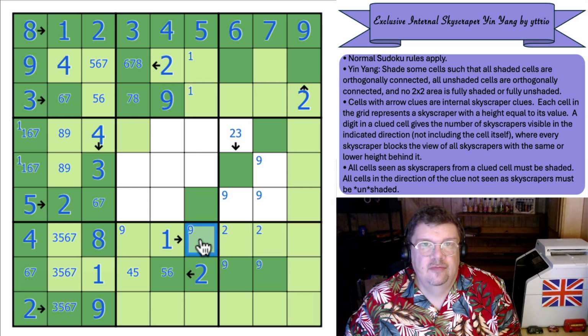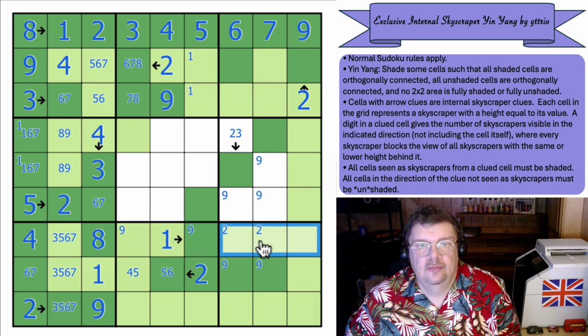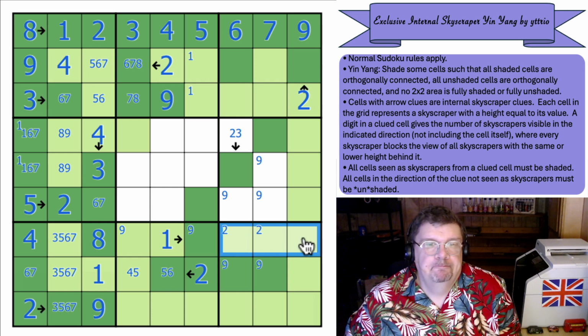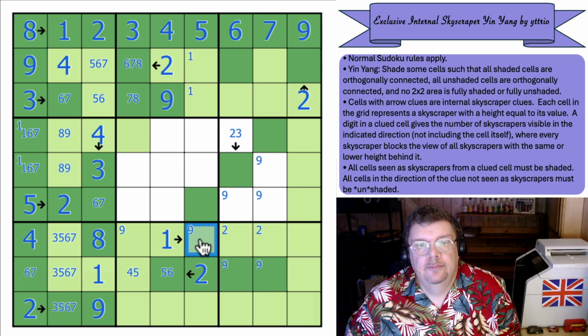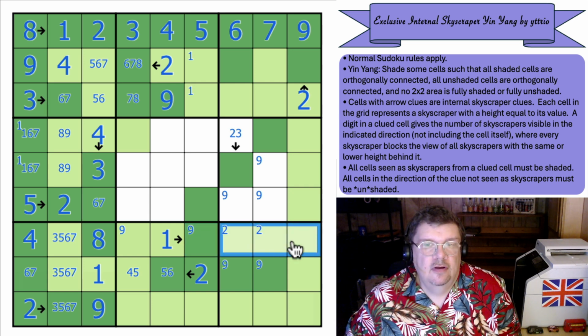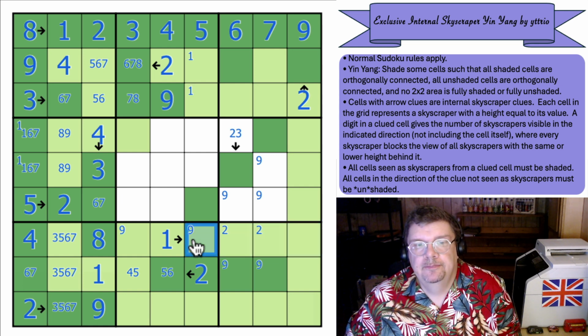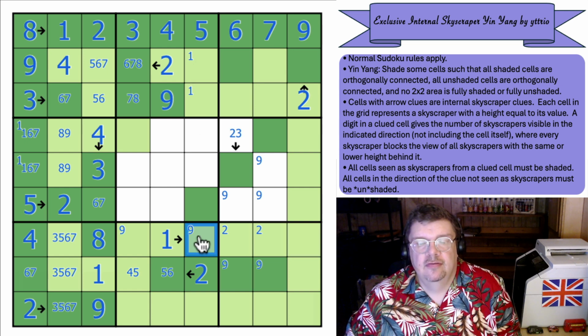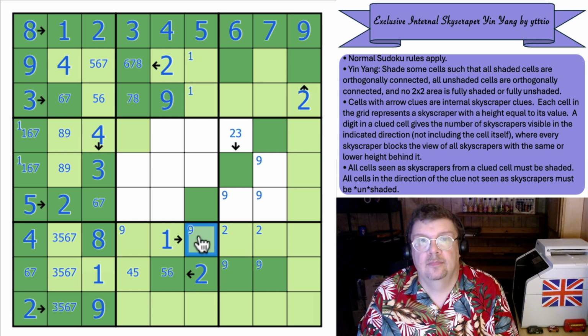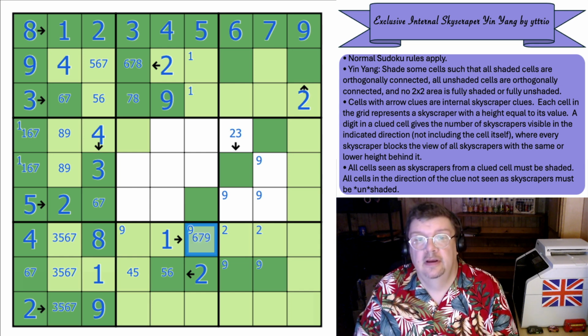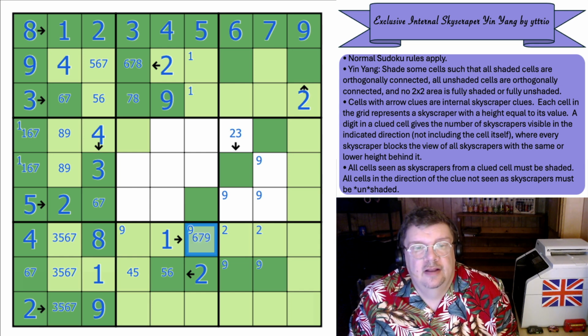And that could be a 7 with 2, 3, 4. It seems, not 2, 3, 4, 2, 3, 5. So that could be a 7. Could it be 6 with 2, 3, 5? That seems at least reasonable. Can't be a 5, can't be a 4, couldn't be a 3 or less. So 6, 7, or 9 is the potential fill for that cell.